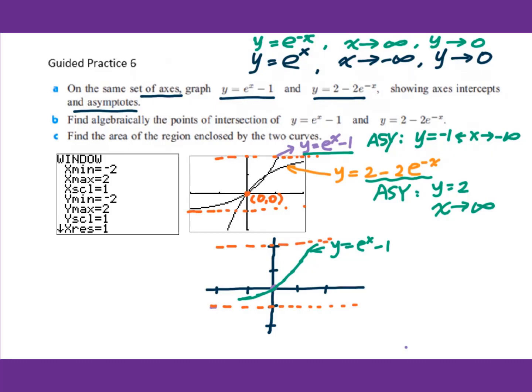For another function, the asymptote line is y equals 2. It still passes through this point.